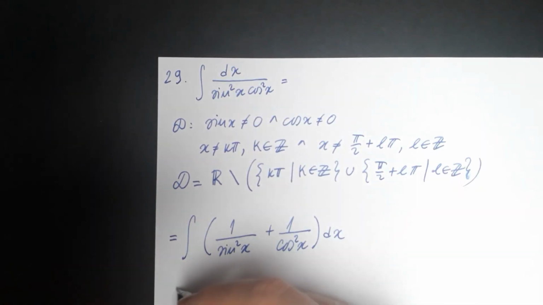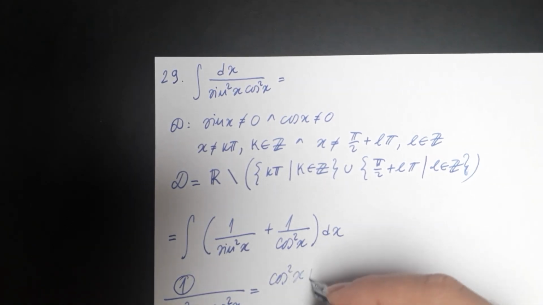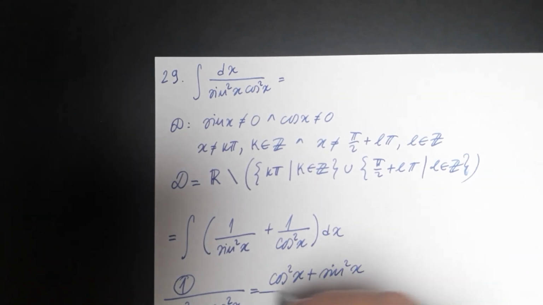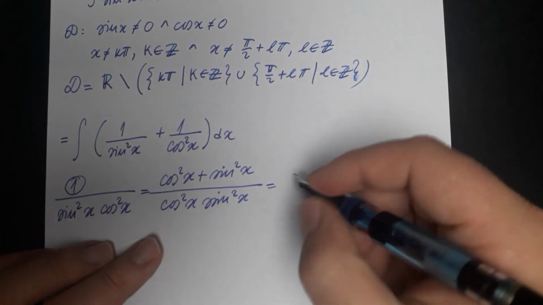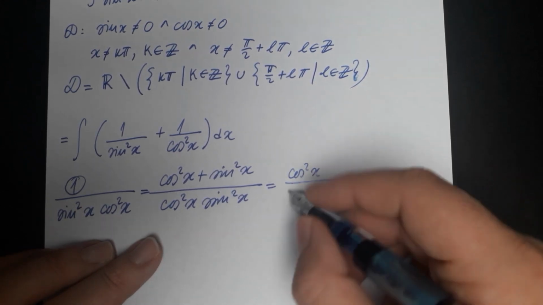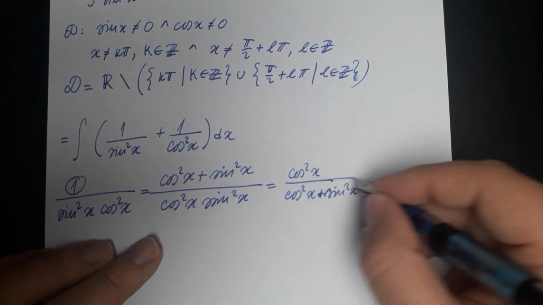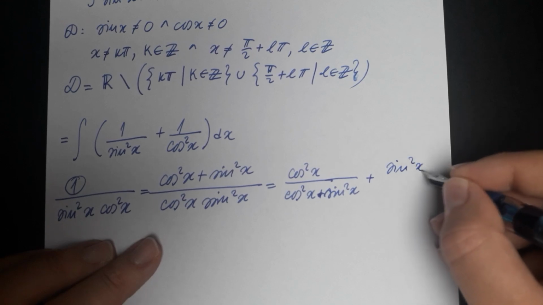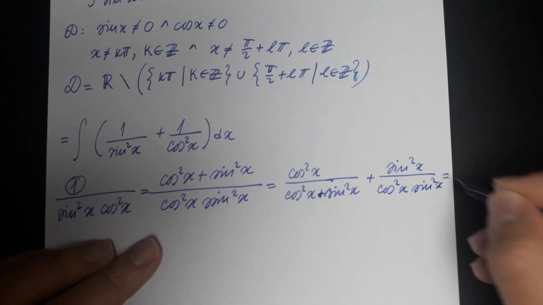We have in this point the term 1 divided by sine squared of x times cosine squared of x. 1 can be written as cosine squared of x plus sine squared of x, of course divided by cosine squared of x times sine squared of x, and that is equal to cosine squared of x divided by cosine squared of x times sine squared of x plus sine squared of x divided by cosine squared of x times sine squared of x.